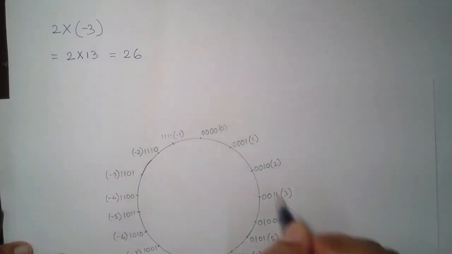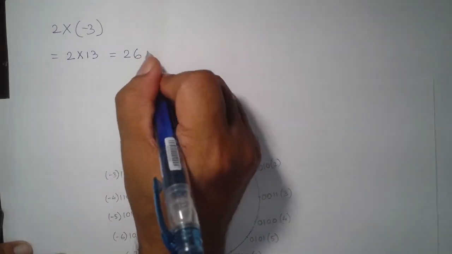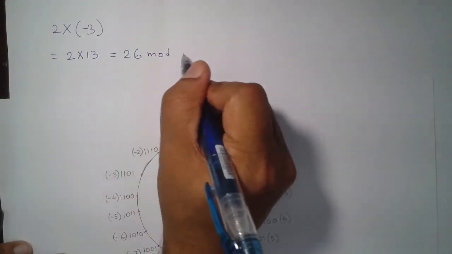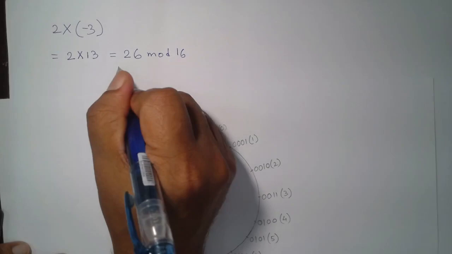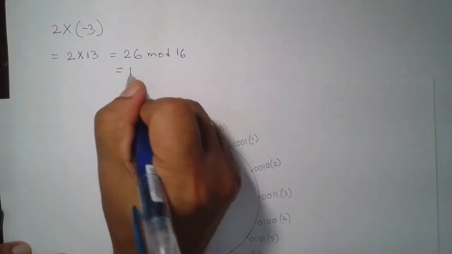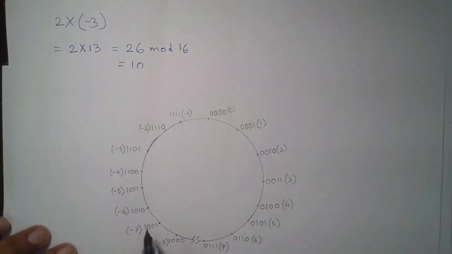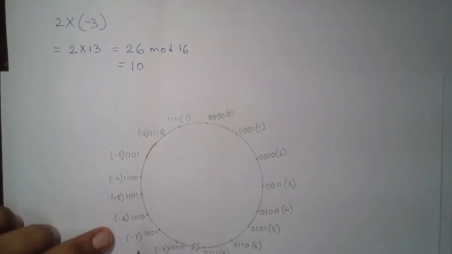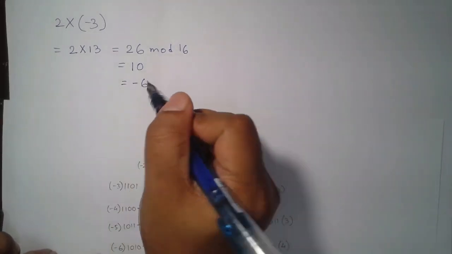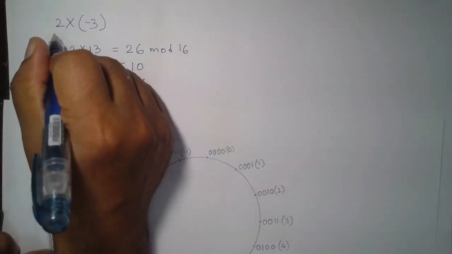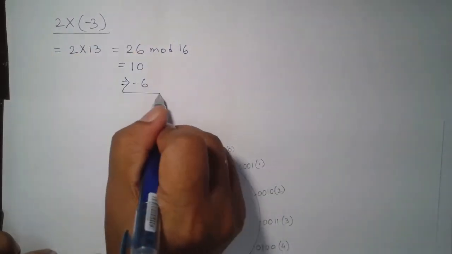Now 26 is not in this number circle, so to find the equivalent, we have to do a mod of 16, and the remainder is 10. Now what is 10 in this number circle? 10 is 1010, which is nothing but minus 6. So basically you get your answer for multiplication also.